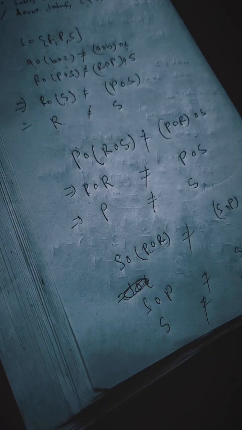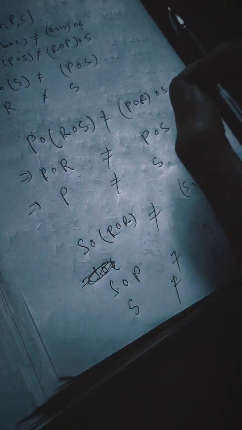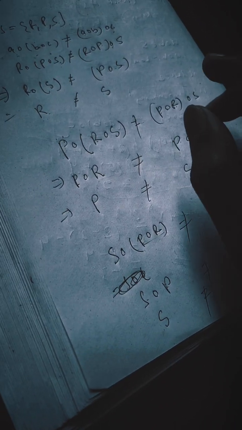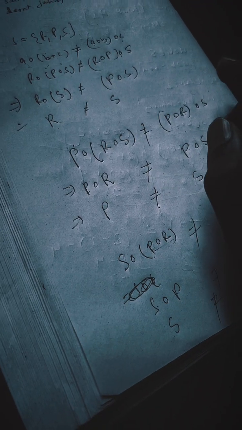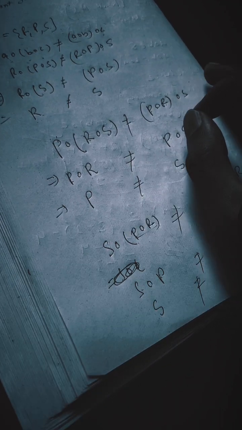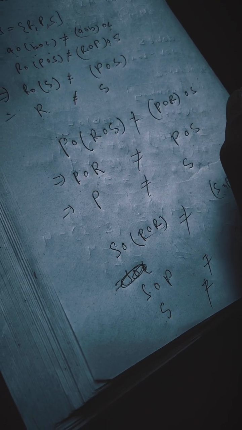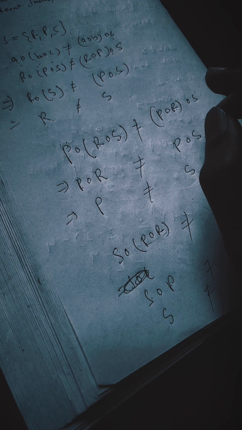So no matter how you choose A, B, C, you are never going to find any single combination where it will satisfy associativity. Not a single one. And associativity is not about satisfying it for only one set of combination.